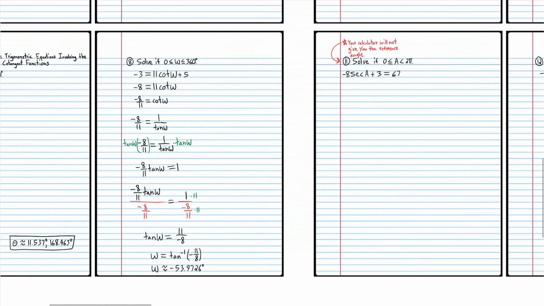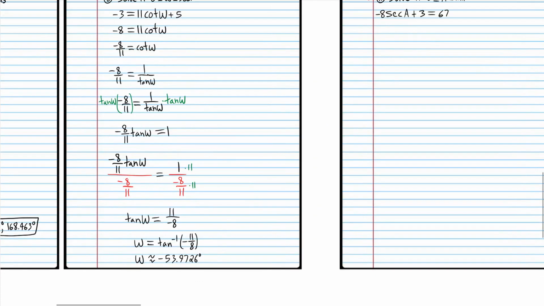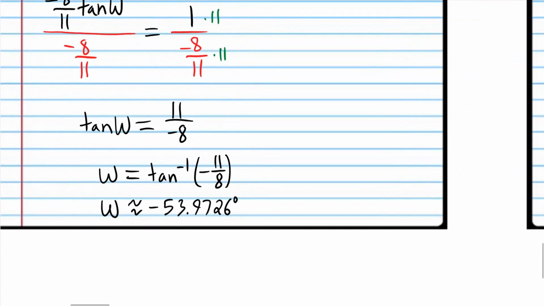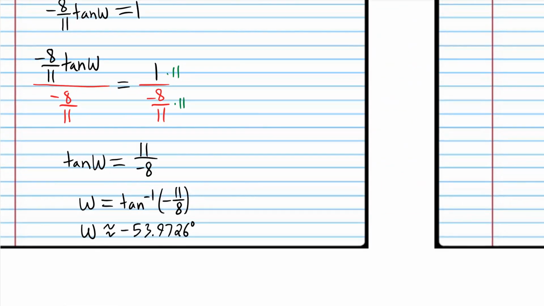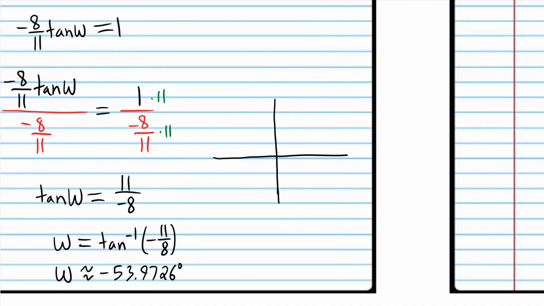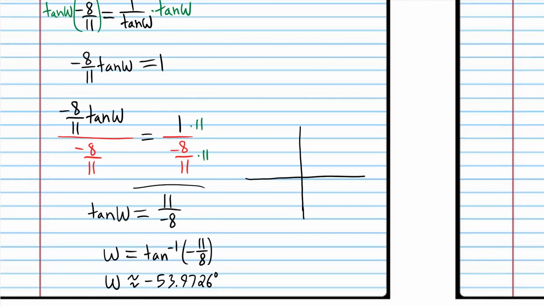Now we're supposed to find the answers between 0 and 360. Negative 53 is not between 0 and 360. So this number is the reference angle, but it's not one of the actual angles that we're looking for. So let's look at this tangent equation here.